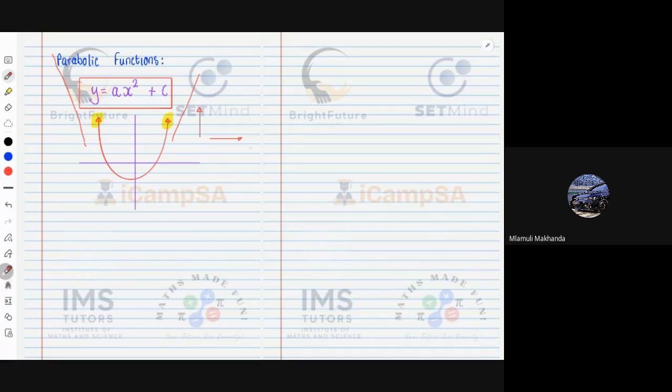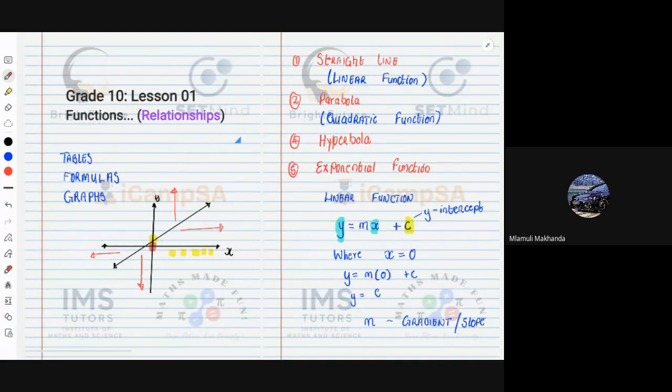So when we are moving in the positive x direction, y will also be increasing. Remember, we said functions are just relationships between variables or between numbers. So here we are learning the same thing that we learned in the straight line function.